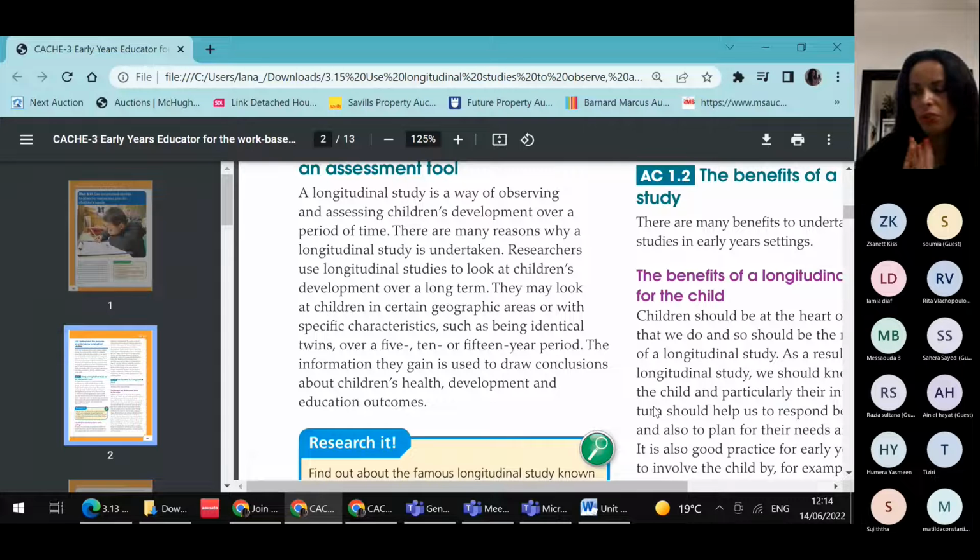So they don't study, for us, we study child by child. For them, they study over a long period of time. This could be over 5 years or 10 years.